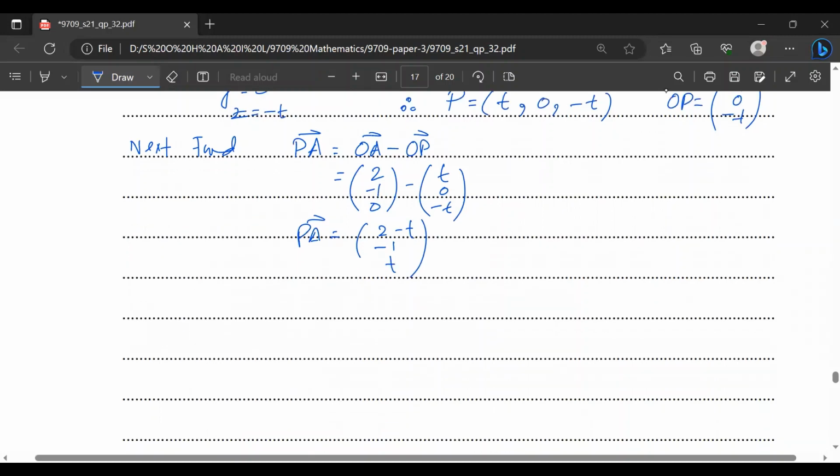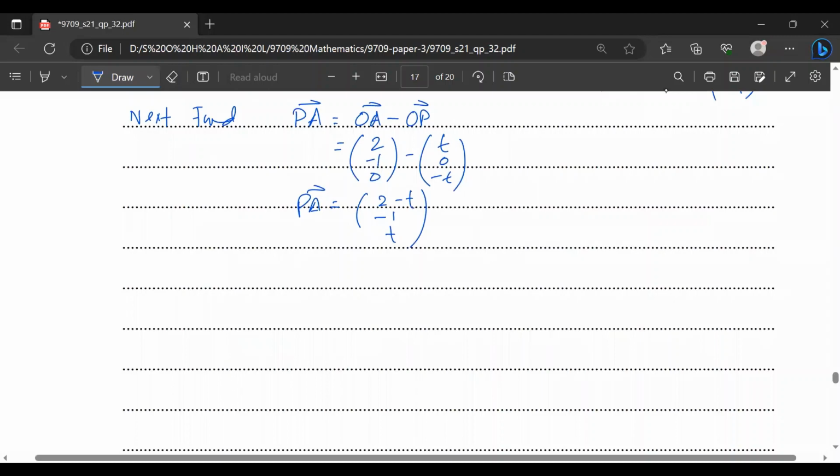If PA vector is there, I can find its magnitude. PA is the square root of (2 - t) whole square plus (-1) square plus t square. You can simplify, using inside the bracket the formula for (a - b) whole square.